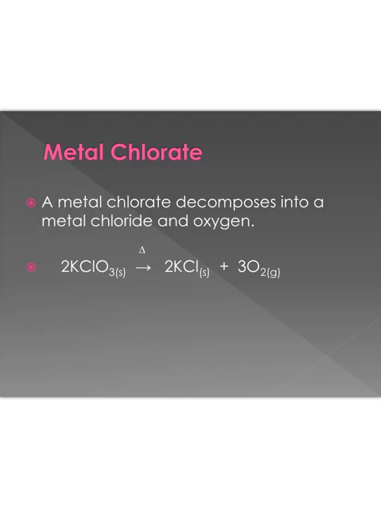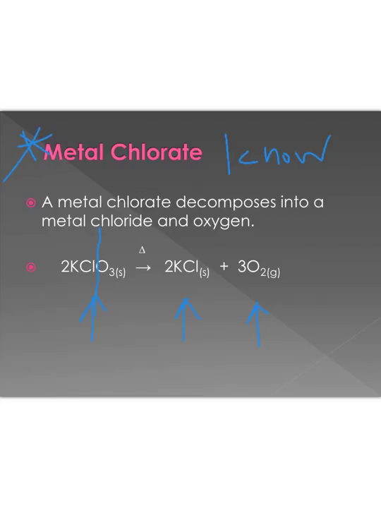The last special kind of decomposition that you need to know is the decomposition of a metal chlorate. Here our metal chlorate is potassium chlorate. And chlorates will decompose into a metal chloride and oxygen gas. So it's kind of like we take and split this compound.